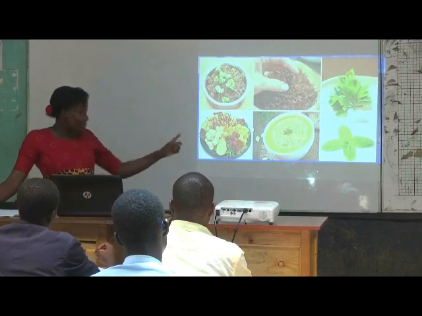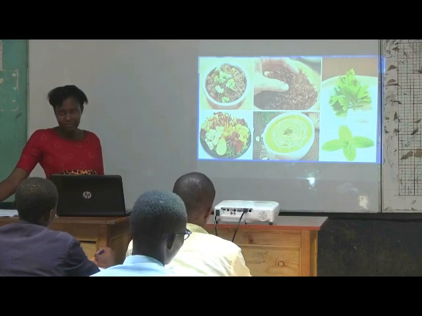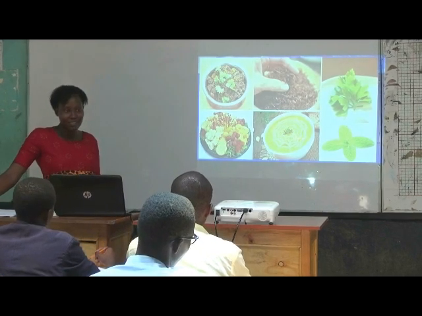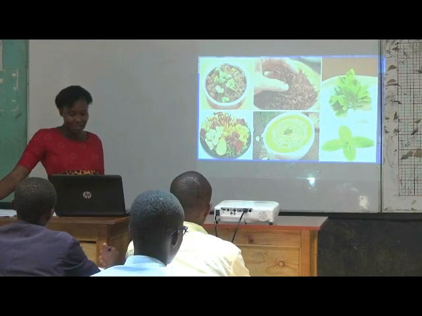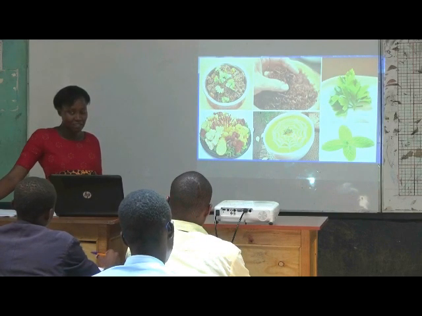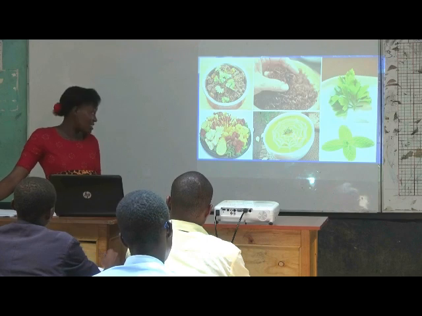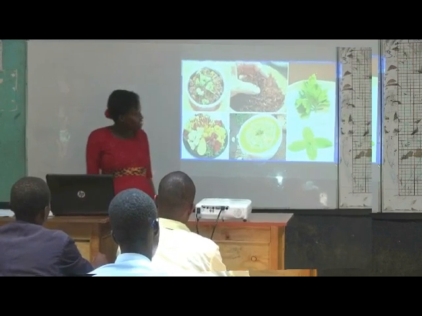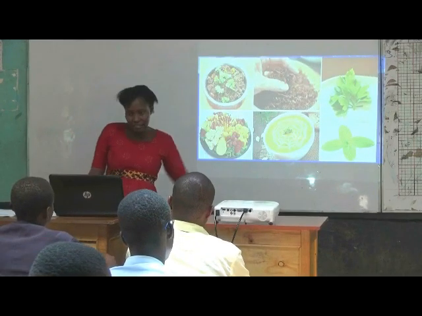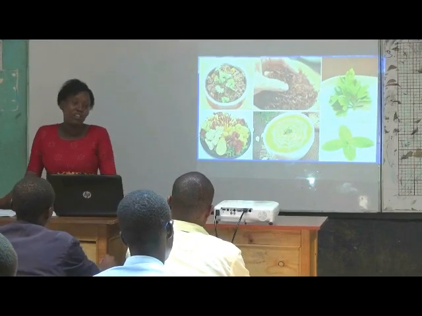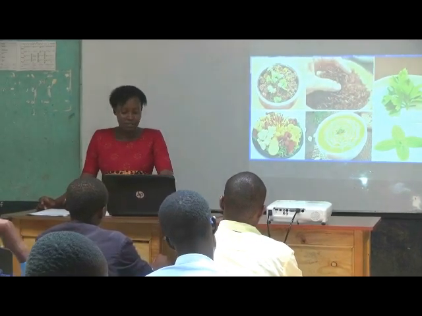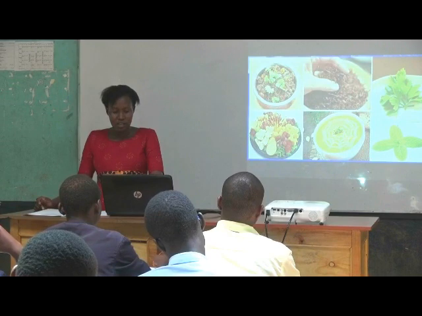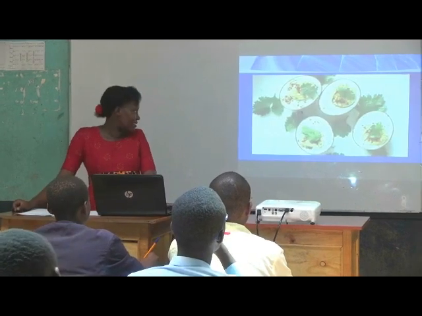What about that other one? The last one, yes? Pudding. Yeah, it's also a sauce, and it's been topped with cream. And these are the two, coriander and mint. We use them to garnish. Garnishing means to decorate the food dish.